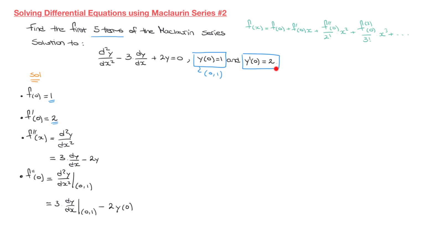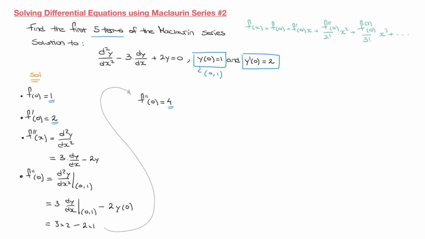It's equal to 2. And we know the value of y when x equals 0. Indeed, that's equal to 1. And so this quickly turns into 3 times 2 minus 2 times 1. In other words, carrying on up here, we can quickly state that the second derivative evaluated when x equals 0 is equal to 3 times 2 minus 2 times 1, which is 4.